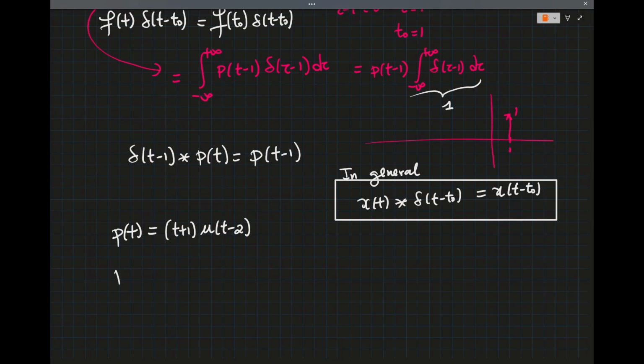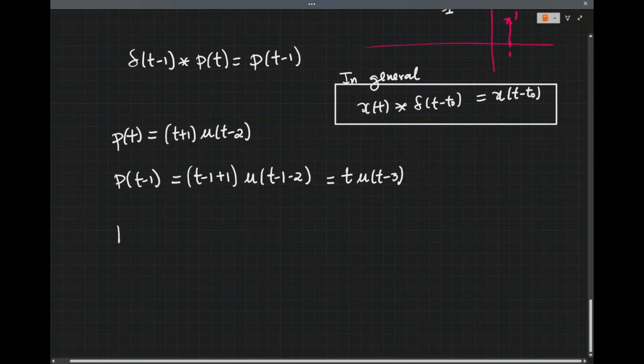That's where we define p of t. So p of t minus 1: everywhere I see t on the right hand side, I replace it by t minus 1. So t minus 1 plus 1 times u of t minus 1 minus 2. This gives me t u of t minus 3.